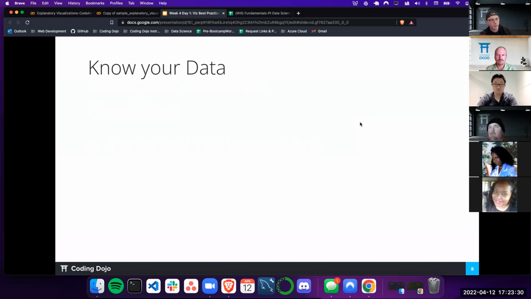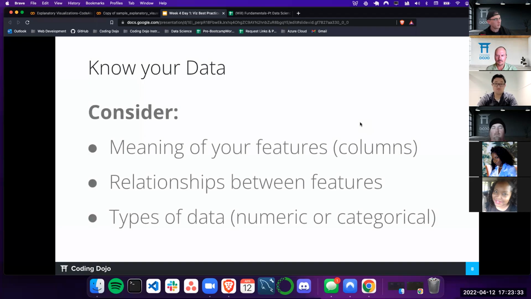We have to know our data before we mess up and cost our company millions of dollars. Meaning we have to know our features, right? What's in them? What are these values representing? We have to know our relationships, or their correlations, what's going on between our features. And importantly, we have to know the type of data, whether it's numeric or categorical, right?